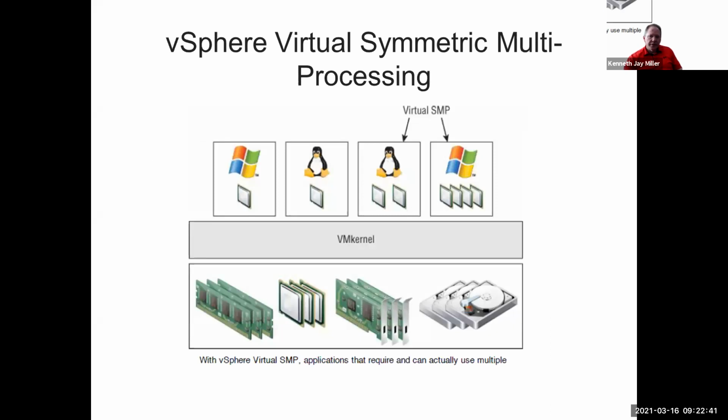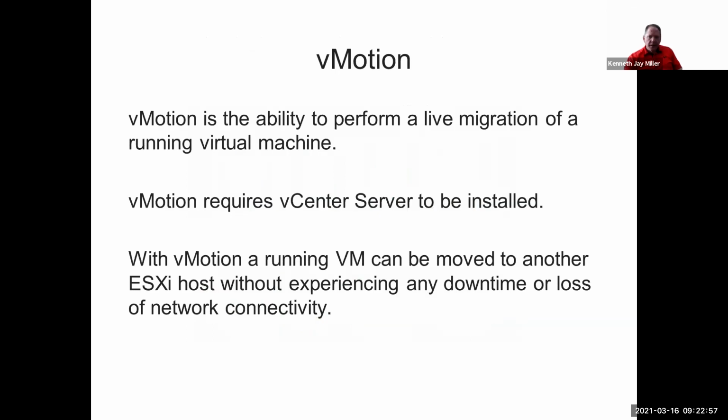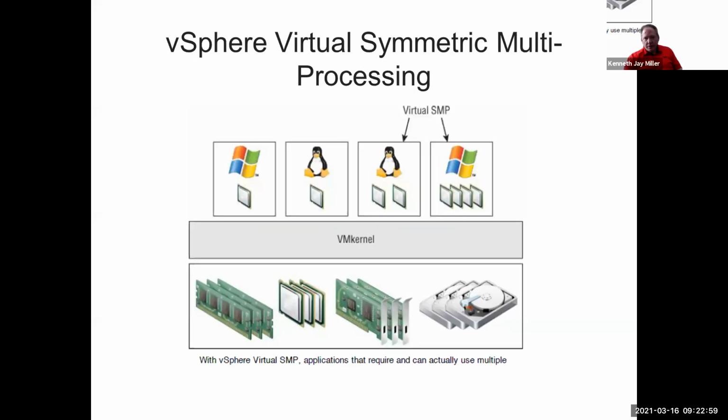Okay, so here's the virtual symmetric multiprocessing with Linux has 2, and then this one has 4, whereas these ones are only using a single processor. All right. And by the way, our host machine has to have multiple cores and multiple processors to virtualize that as well. All right.